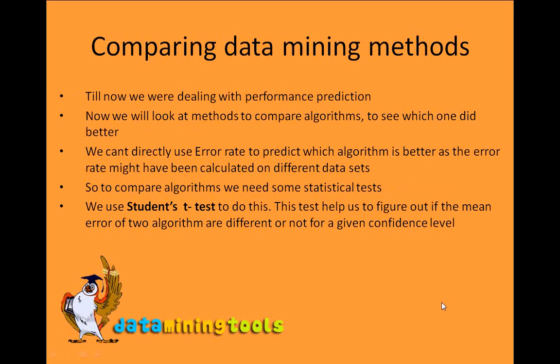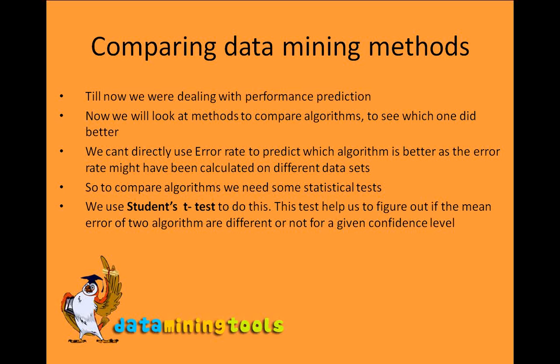Moving ahead, now we come to methods to compare two or more data mining algorithms. Till now we were dealing with the success rate, the error rate of a single algorithm. Now we will be comparing two or more data mining algorithms. We cannot directly use error rate for this purpose, as the error rate might have been calculated on different data sets, and therefore it is not a very credible factor to compare two machine learning or data mining algorithms which have been tested on different data sets.